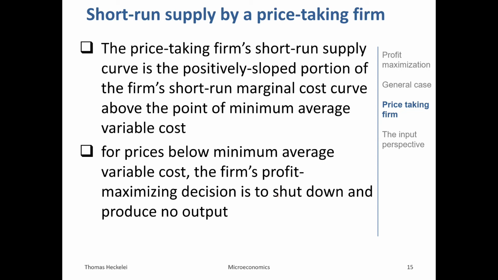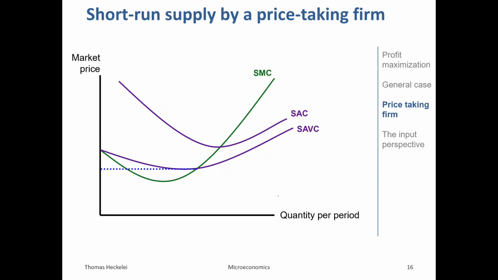For price below this minimum average variable cost, the profit of the firm is negative, and the profit-maximizing decision is to shut down and to produce no output. Let's look at a graph to make it easier.